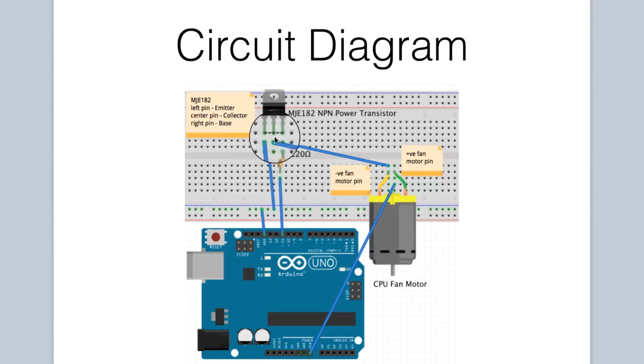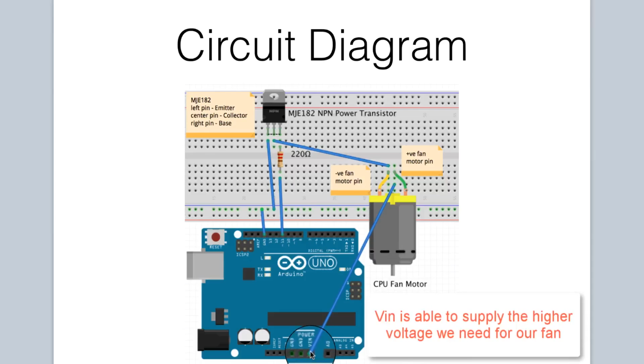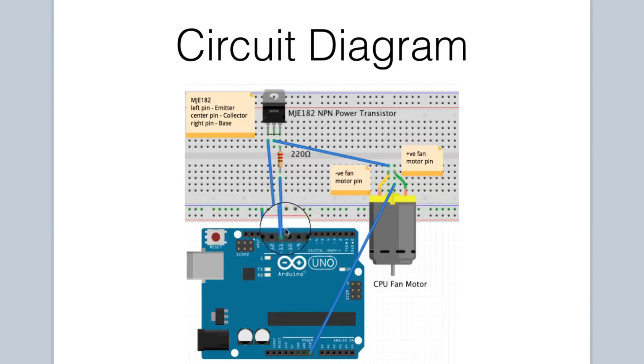Our collector pin goes to the negative of the fan. The other positive pin of the fan, our CPU fan, our motor, goes to VIN of the Arduino. And then finally, from pin 11 of our Arduino, we go through a 220 ohm resistor to the base, or the right pin of our transistor. That is our circuit diagram.